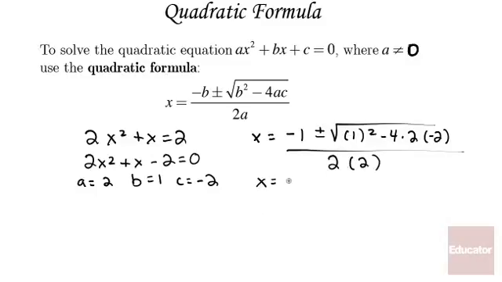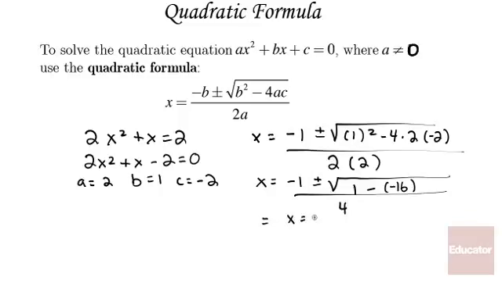Now just to do some simplifying, 1 squared is 1, and this is minus 4 times 2, which is 8, times -2, so that is -16, divided by 4. Can be further simplified into x equals plus or minus the square root of 1 plus 16 all over 4.